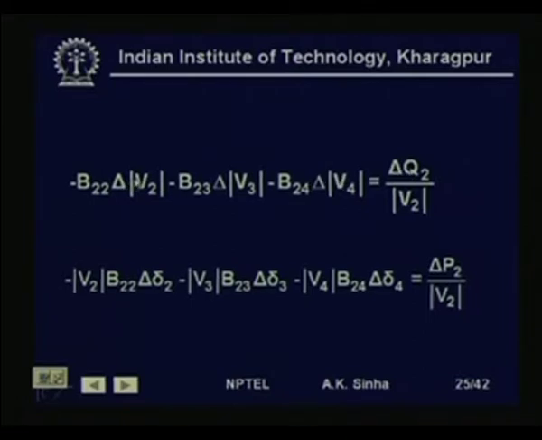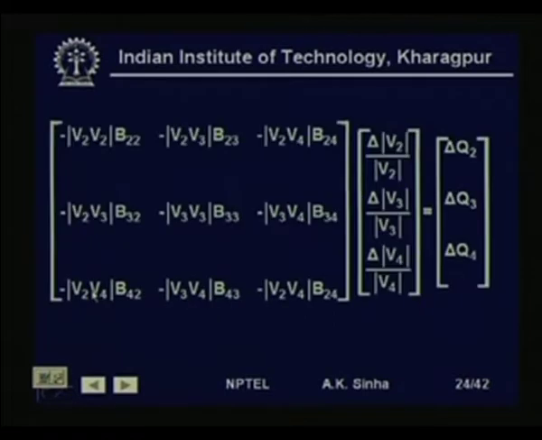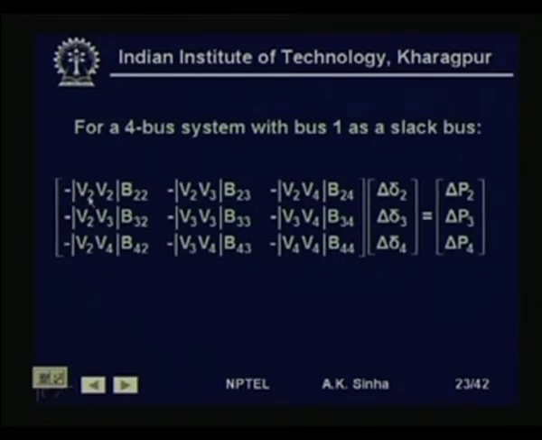Here we had the terms V2 into V2, V2 into V3, V2 into V4. So, what we have done is we have taken out that V2 term and divided it here. Similarly, for the expression from here, again we will get V2 into V2 B22 minus V2 into V3 B23 minus V2 into V4 B24 into delta 2, delta 3, delta 4 is equal to delta P2.